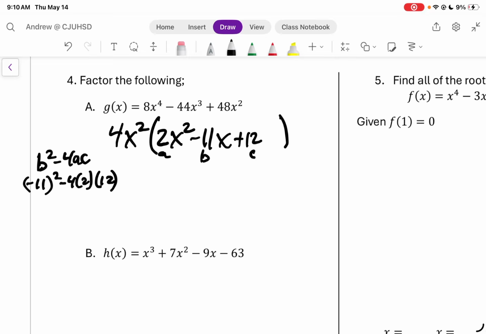Negative 11 squared is 121, and 4 times 2 times 12 is 96. Subtract those two. 121 minus 96, you get 25. Okay, now 25 is a perfect square. So that means this is factorable.